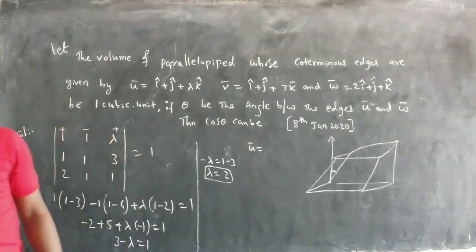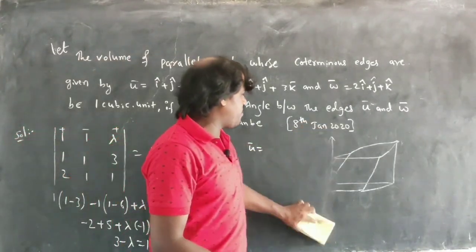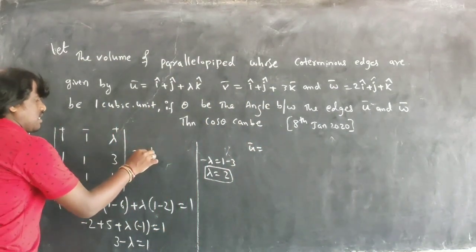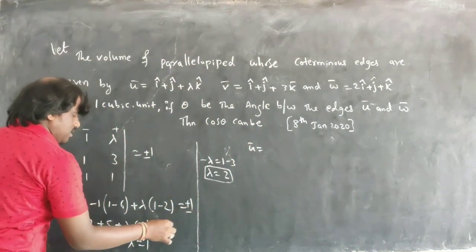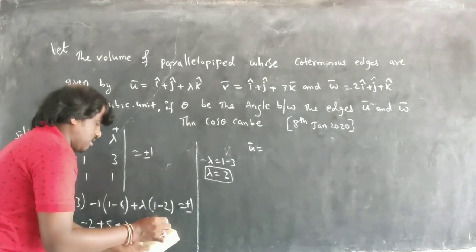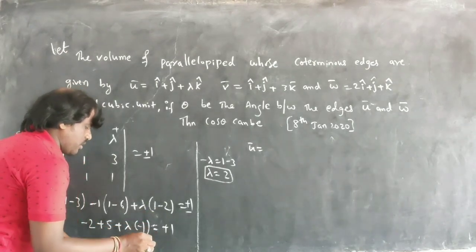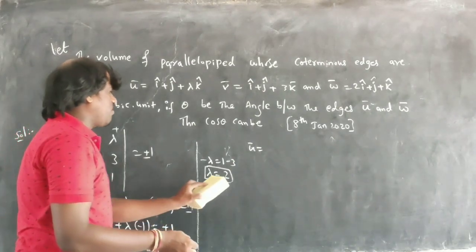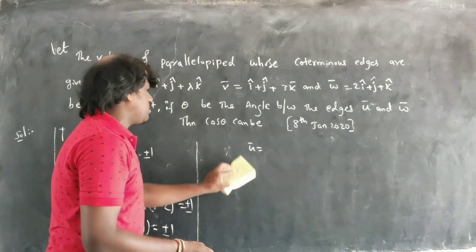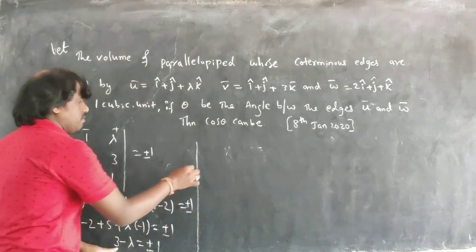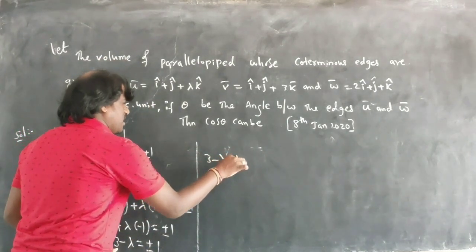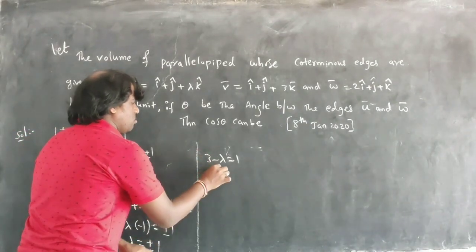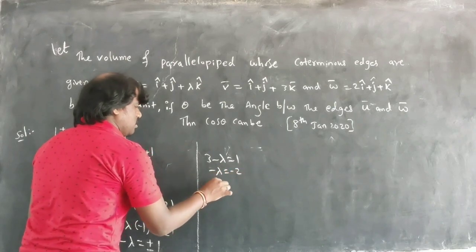So you can write the lambda value as plus and minus. If I take the plus difference, 3 minus lambda is equal to plus 1, giving 3 minus lambda equal to minus 2, that is lambda is equal to 2.